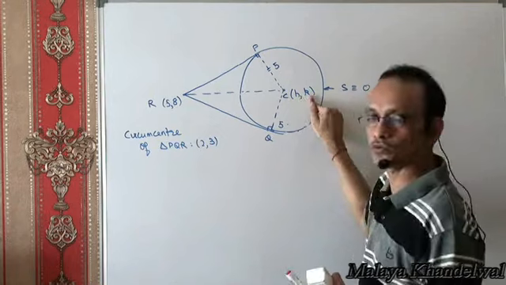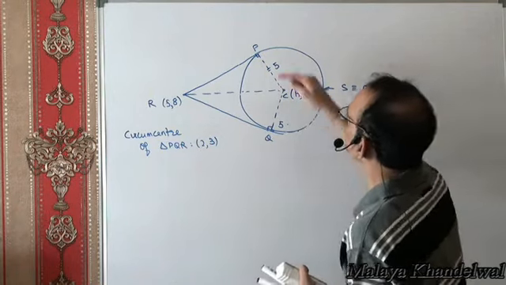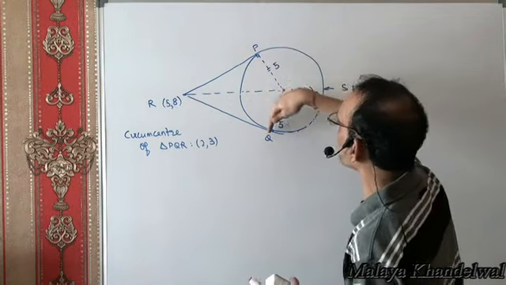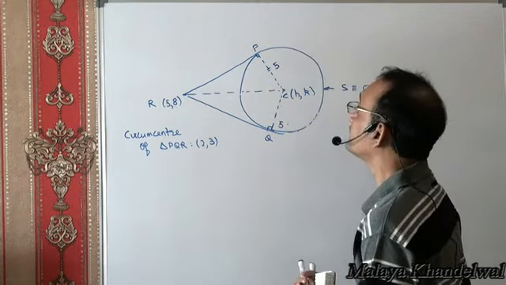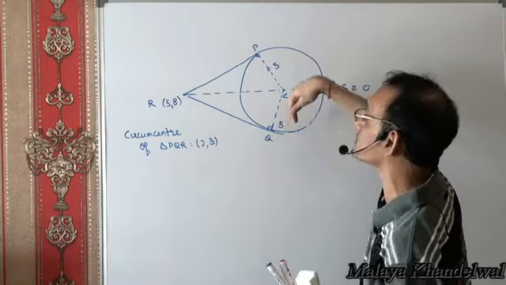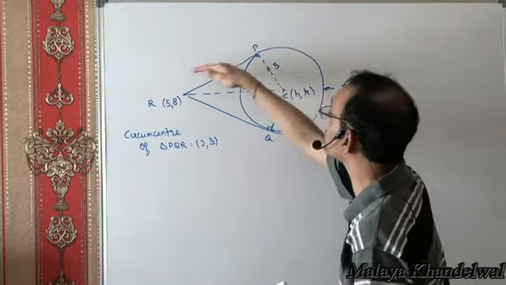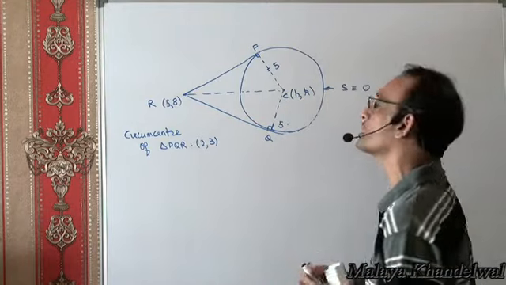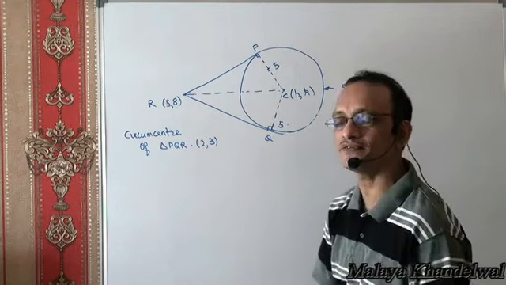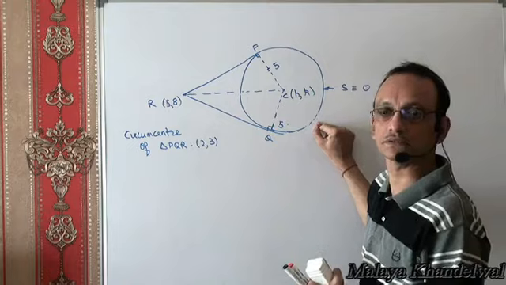Now, there is a circle that passes through P, R and Q, and the circumcenter of triangle PQR is (2, 3). We want to find the equation of this circle.